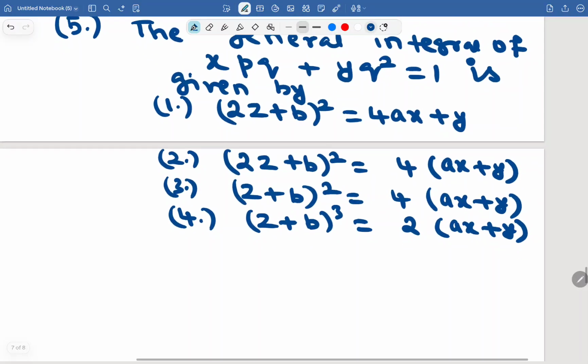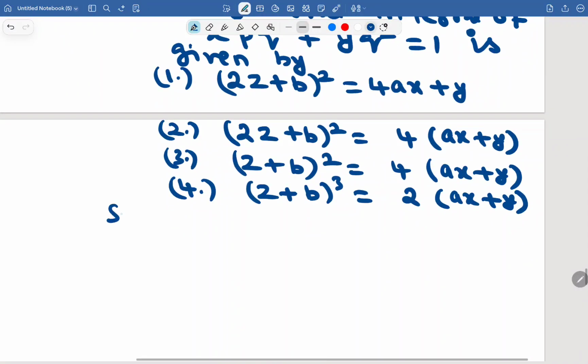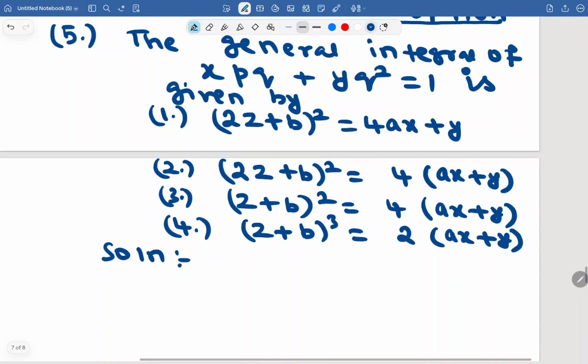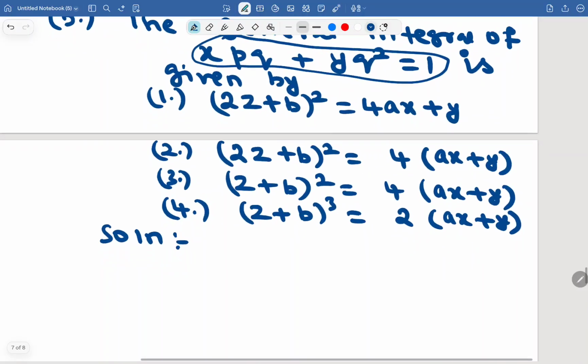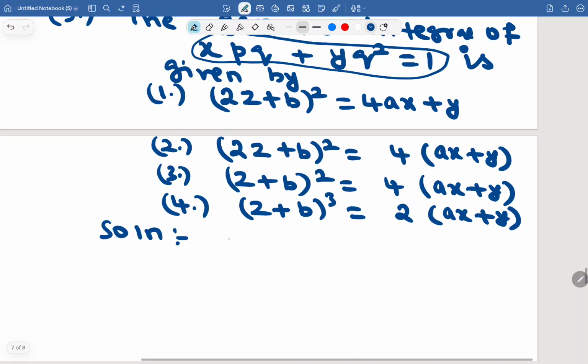This problem is from PDE. We have to find the general integral for xpq plus yq square equal to 1. Let us take the given equation xpq plus yq square equal to 1 as f.